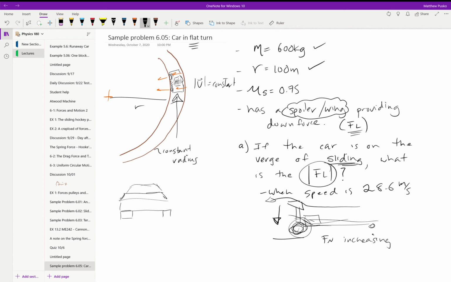So we're looking at the vehicle from behind. This is its spoiler right here. Let's go ahead and represent its mass center though. We have frictional forces at the tires. We'll say they're all the same, so we can just sum them all up and call it one frictional force.